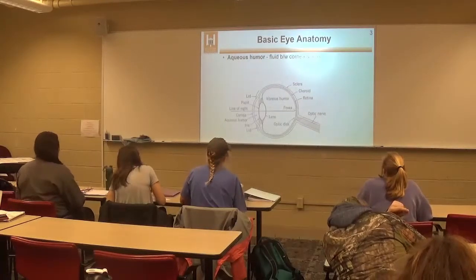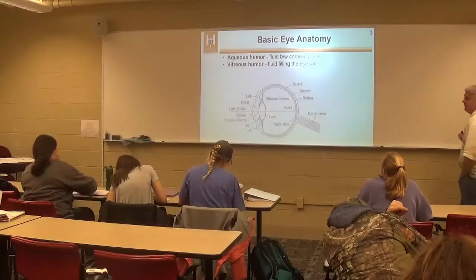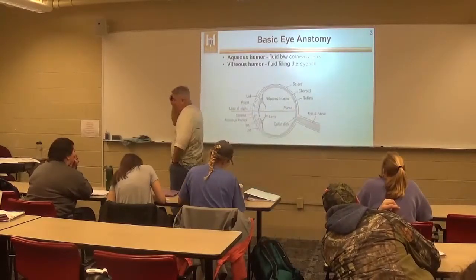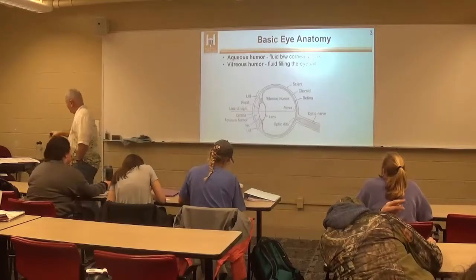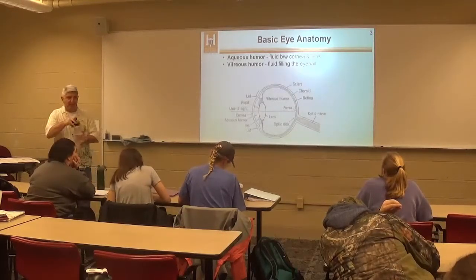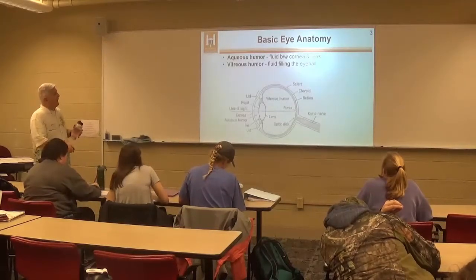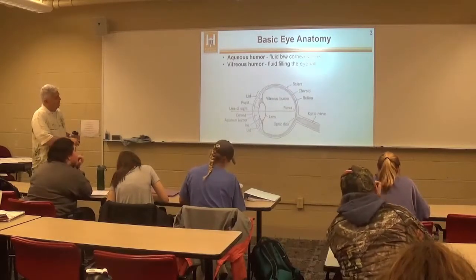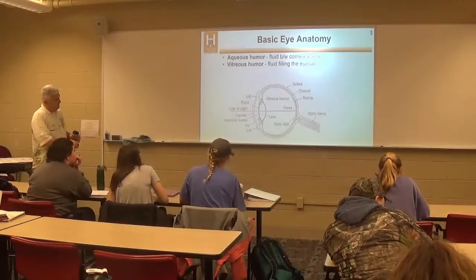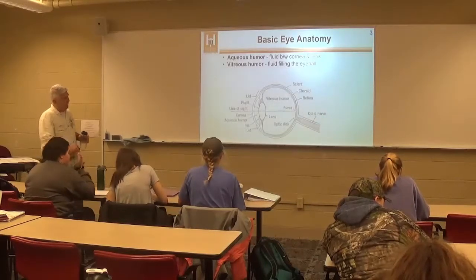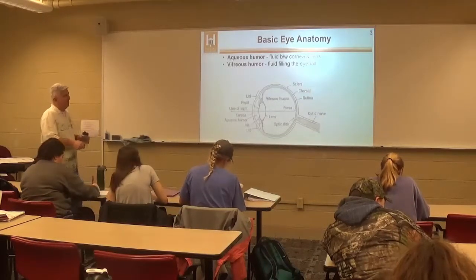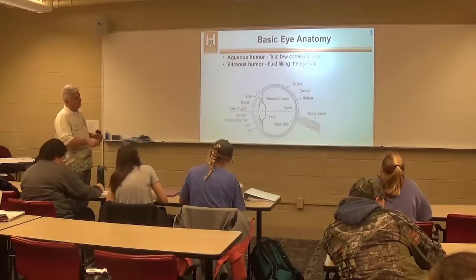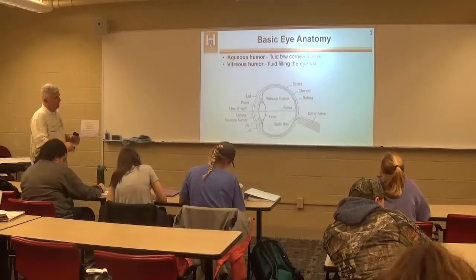All right, so we need to talk about the eye because that's where the receptors for light are. And so the eyeball is full of fluid. There's no air in there. And so we have a cornea and a lens that are going to be involved in helping us focus light waves on the rear of the eyeball, which is where the retina is.